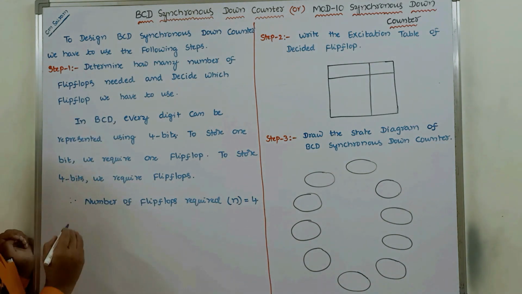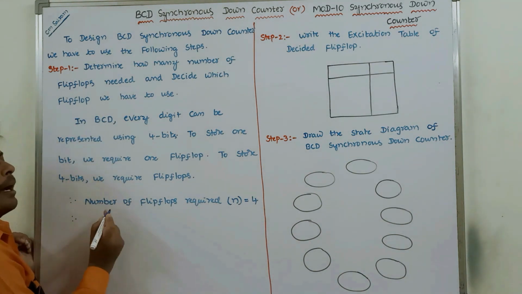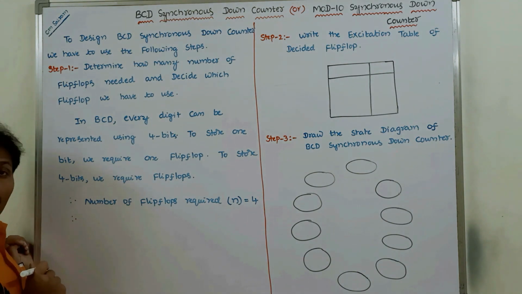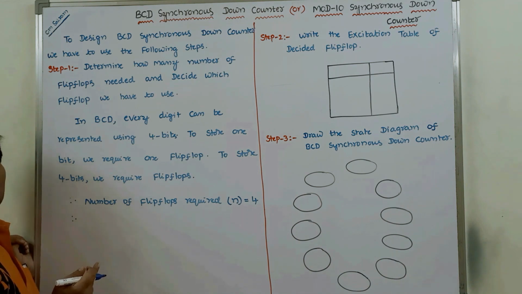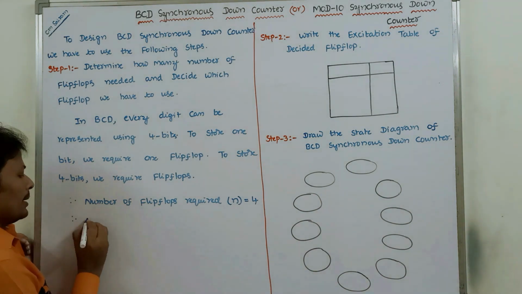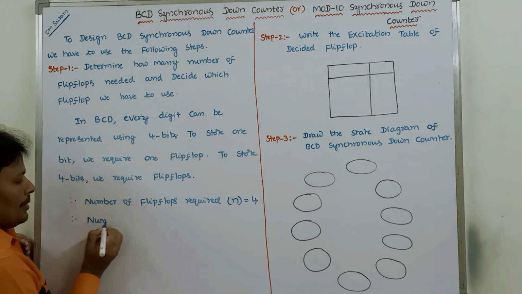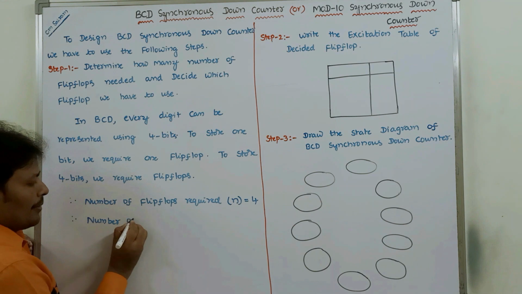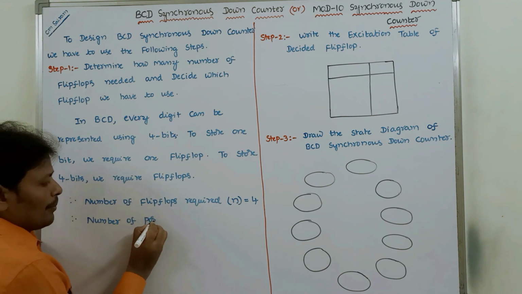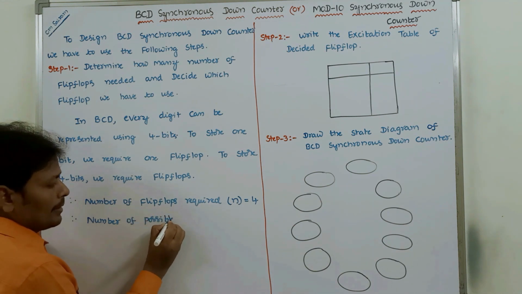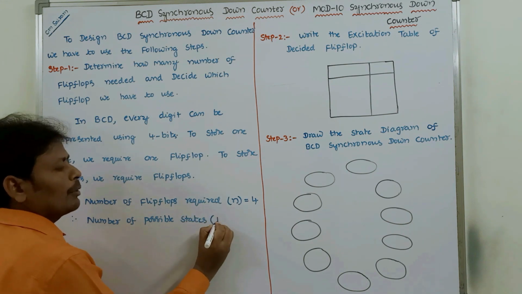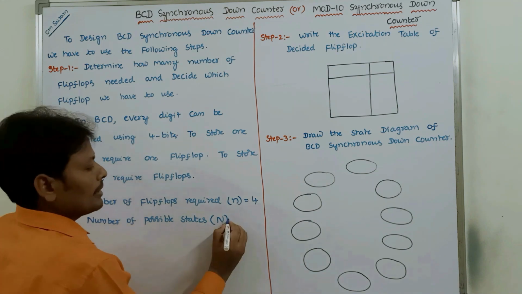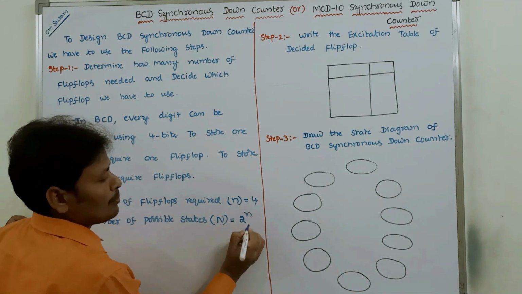Once we know the number of flip-flops required, next we have to know the possible number of states in BCD synchronous down counter. Number of possible states, that can be denoted by capital N, is equal to 2 power small n.